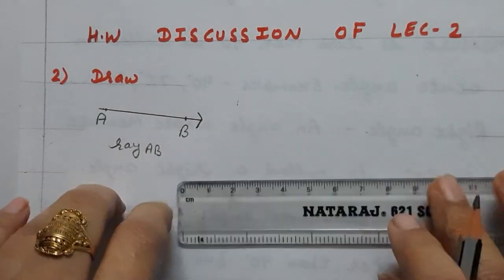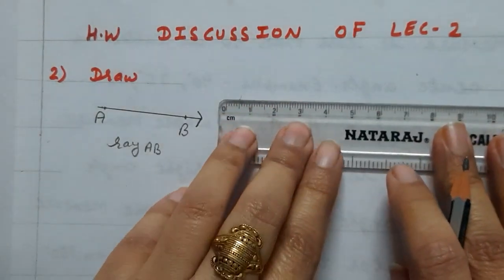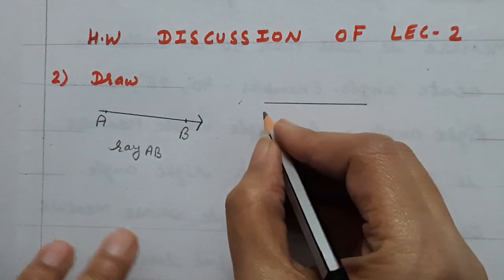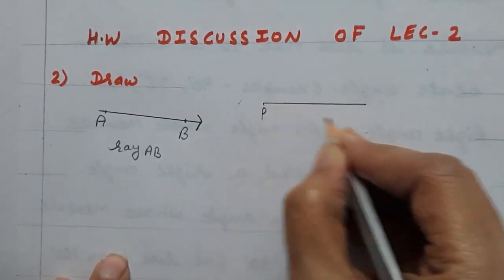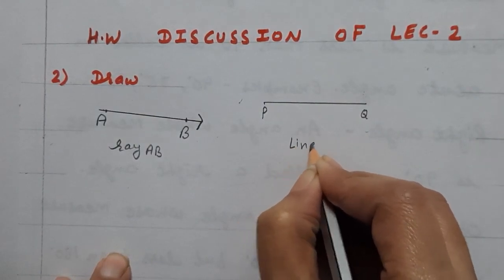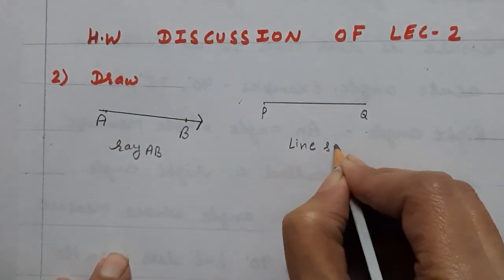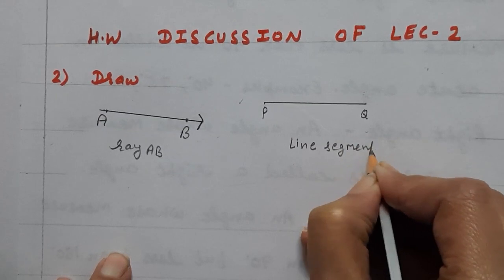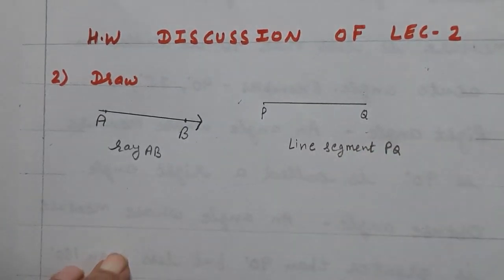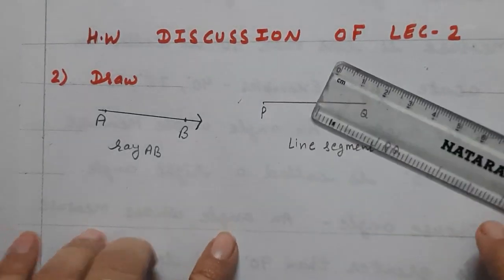Then next part is a line segment. Line segment having two endpoints, P, Q. So we can say line segment PQ. Right. And third is a line.